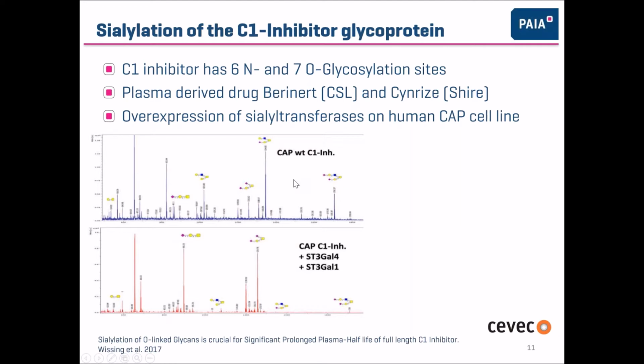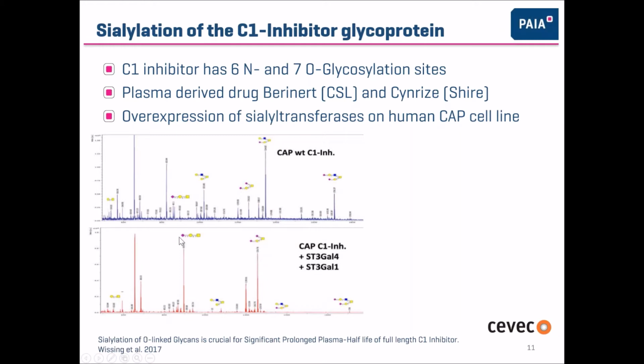And you can see here that the wild type has some sialylation on the O glycans, and if you genetically engineer the cell line, that has already been done on the N glycans, but here it was also done on the O glycans.